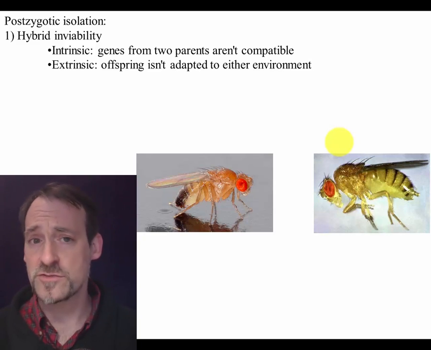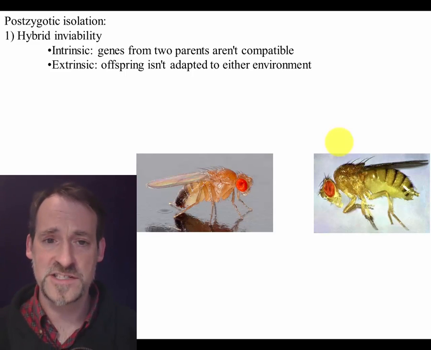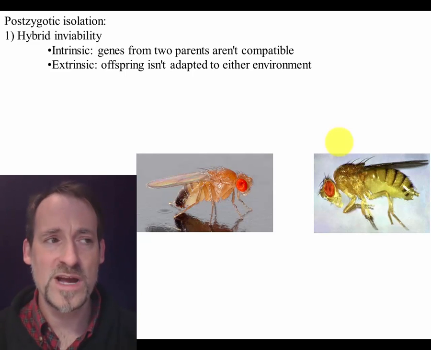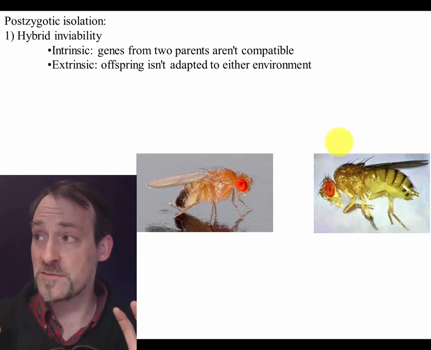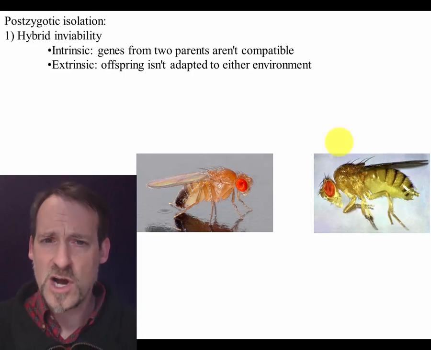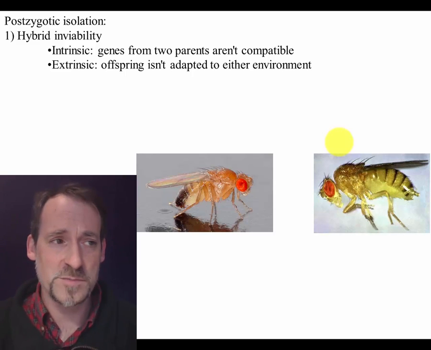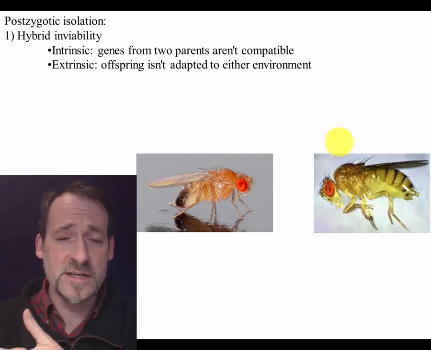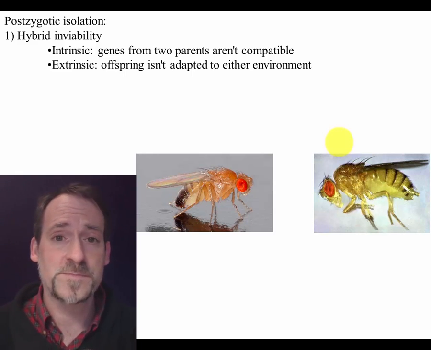There are also extrinsic reasons why hybrids might be less fit, why they might have trouble surviving. If you have organisms from one environment mating with organisms from a different environment, all of their genes might play well together. They might be able to make an offspring that is perfectly functional, but the offspring isn't good at making a living in either one of the environments.